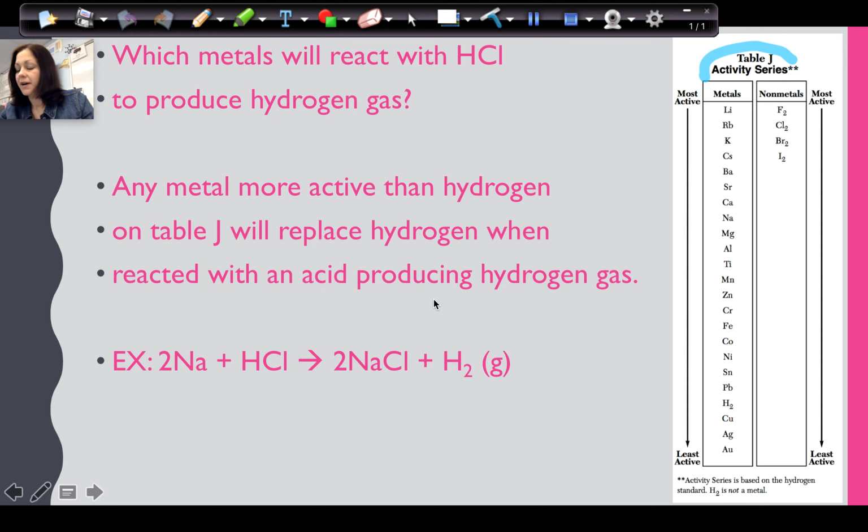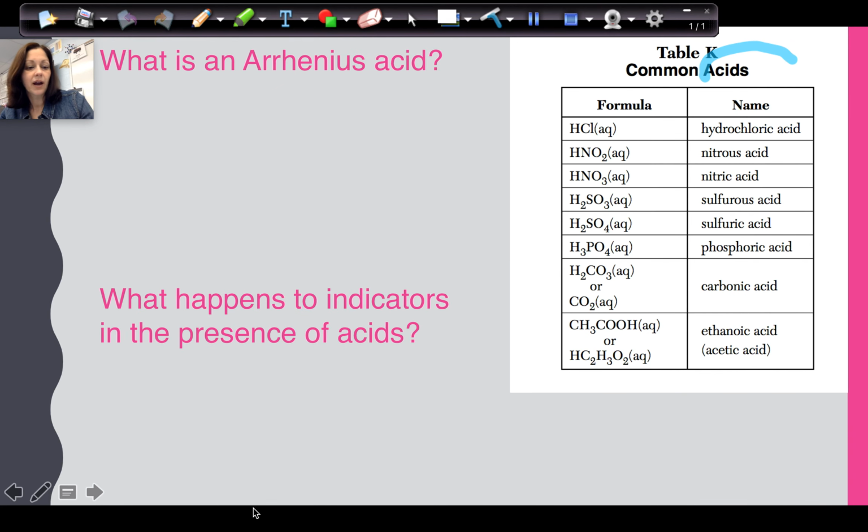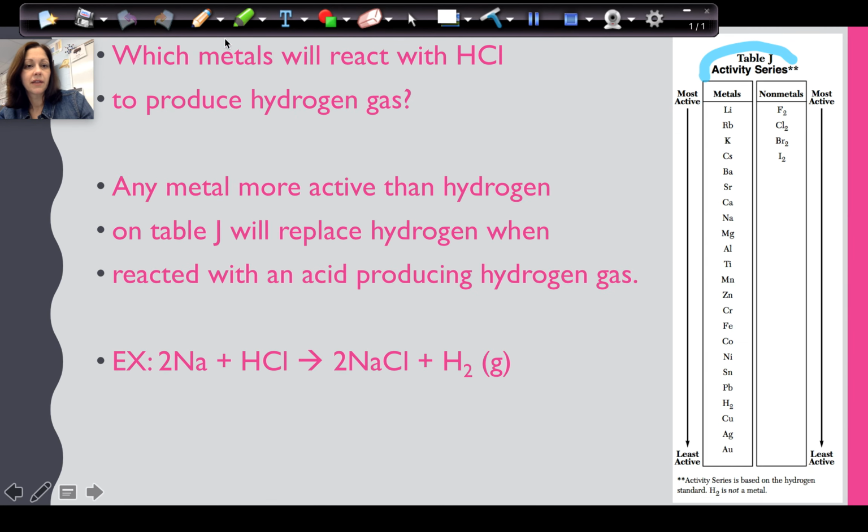When we talk about this activity series, any metal that is higher than hydrogen on table J, any metal from here up, will react with an acid to release hydrogen gas.